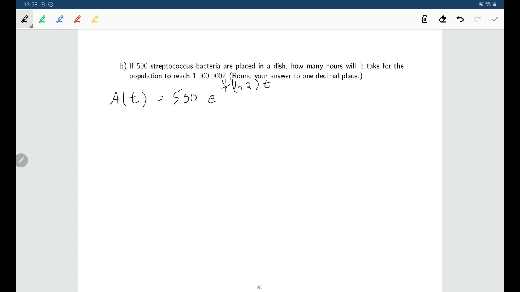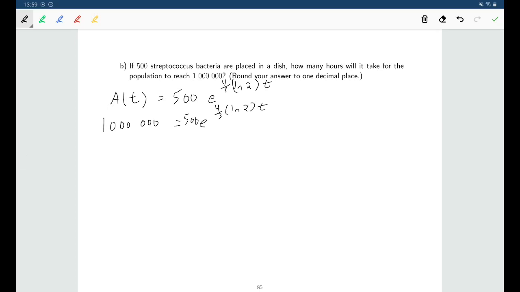And the question is, how many hours will it take for our population to reach 1 million? So I want my population to be 1 million, and I need to solve for t. Okay, so I'll do the same thing that we did always. I'll first isolate my exponential function.